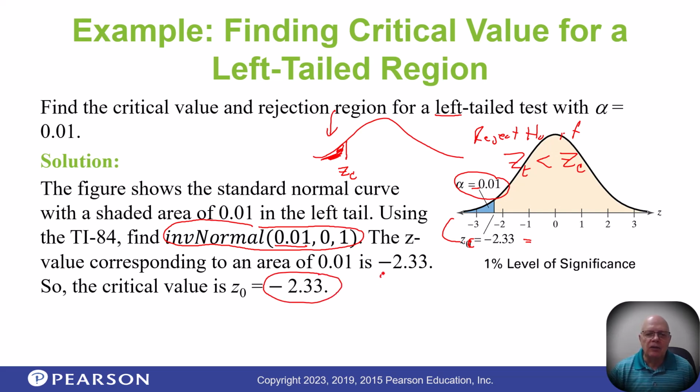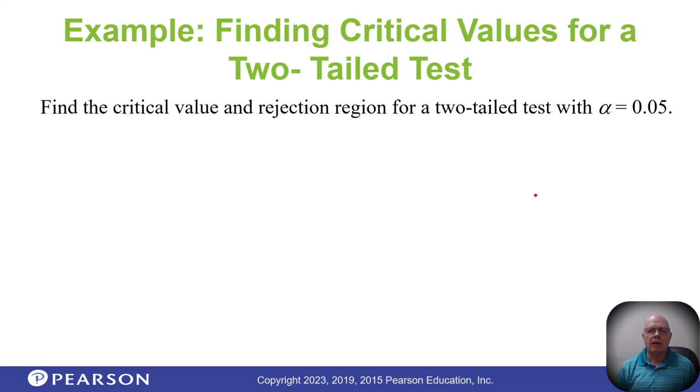And now, what is your test statistic? Is it over here or is it over here? Now we're not going to finish that because we don't have the actual numbers. We're going to try this again with a different version of alpha, the level of significance.